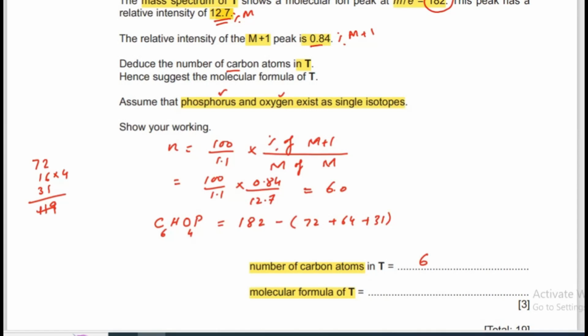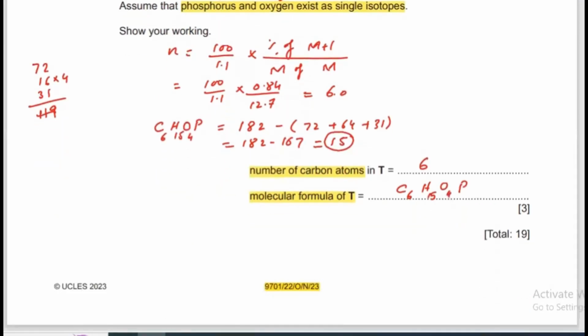If you subtract this, 182 minus 167 is 15. So that's why the hydrogen atoms must be 15. So this is the formula C6H15O4P or C6H15PO4. This is the phosphate, so that's why you have to keep PO4. So the molecular formula of T has 6 carbon atoms, 15 hydrogen atoms, 4 oxygen atoms, and 1 phosphorus.